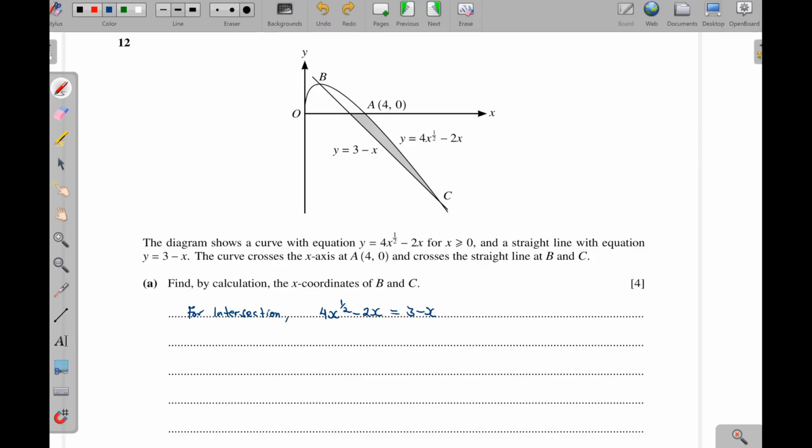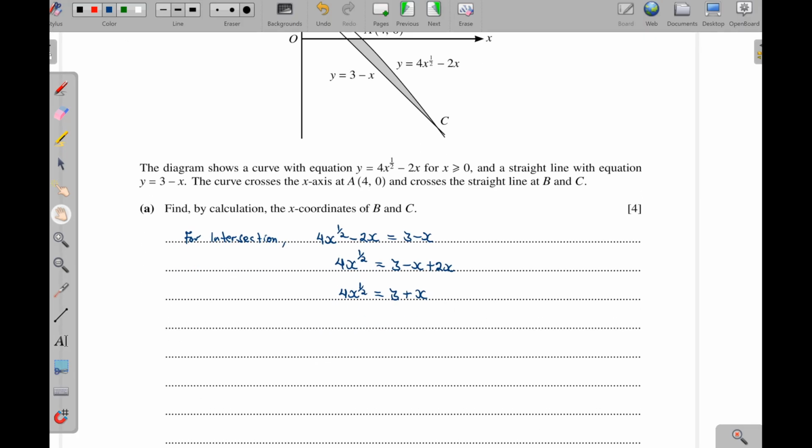That makes it easy to square, and then the square root disappears. So we have 4x to the power of a half, which is equal to 3 minus x plus 2x. So meaning we have 4x to the power of a half, which is equal to 3, and then this one will be plus x.